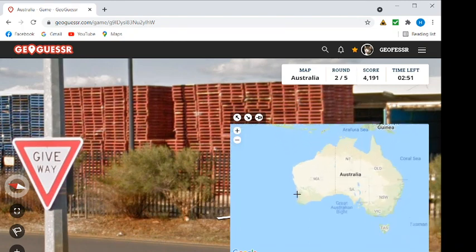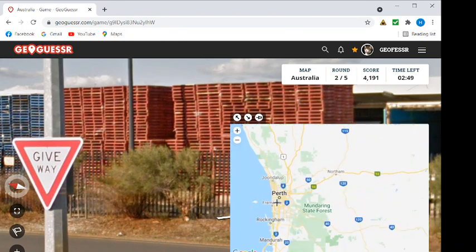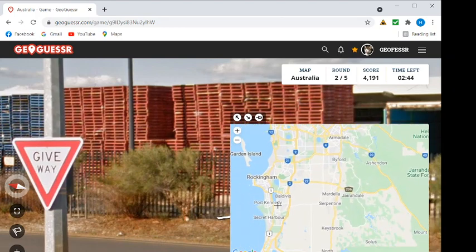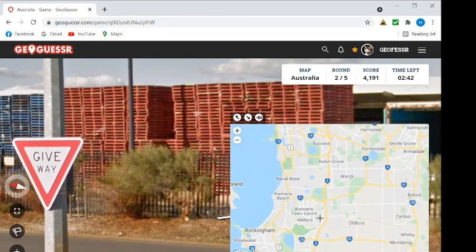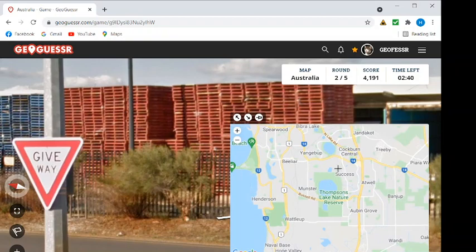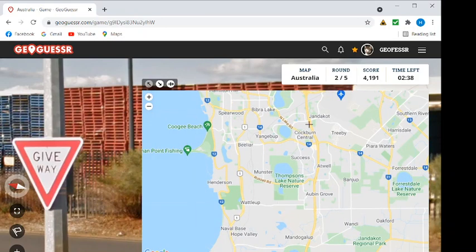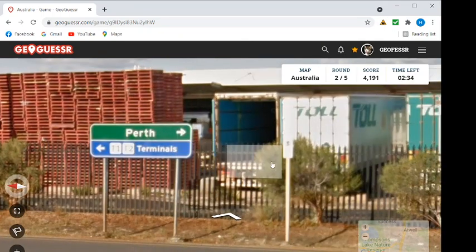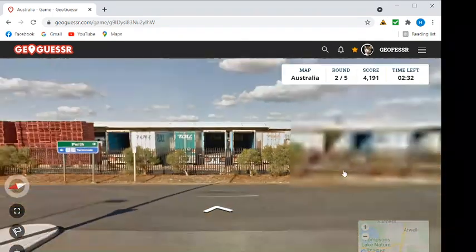So that suggests that we're probably actually at the Perth airport, which unfortunately, airports can be shockingly hard to find on the map. I've got a viewers already. Right.